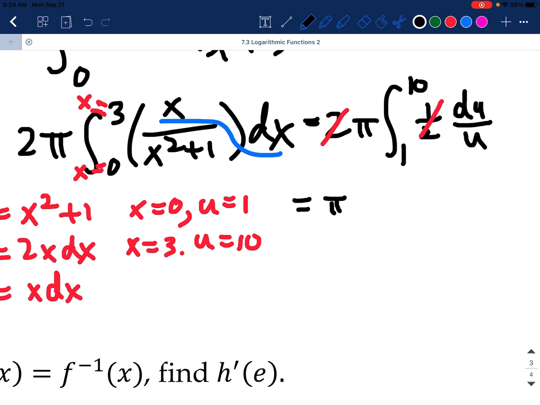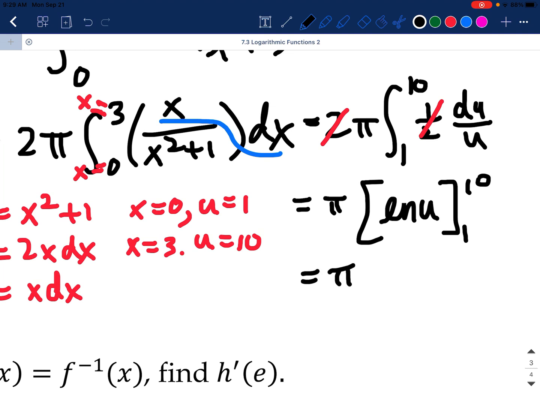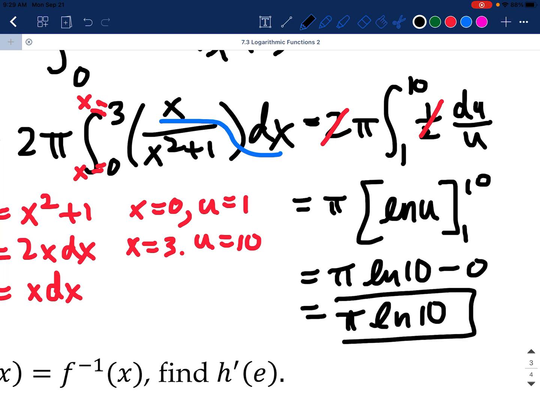So we'll end up with pi, and then du over u is just going to be the natural log of u from 1 to 10. So we'll get pi natural log of 10 minus pi times the natural log of 1, but the natural log of 1 is 0. So natural log of 10 times pi, or pi natural log of 10, will be our final answer.